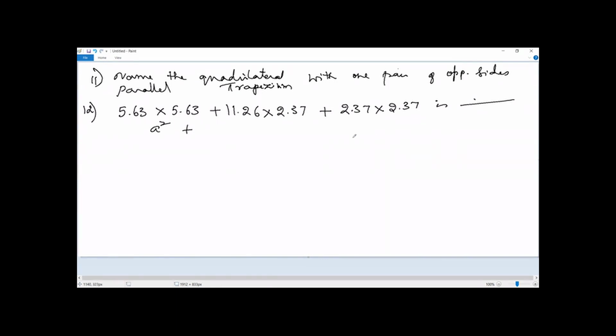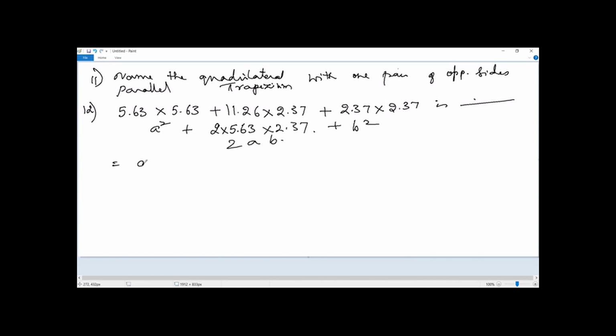So this one is B squared. Where is the 2AB? Ma'am, we have to divide 5.63 as 5 plus 0.63 whole square. No. Don't do that. 11.26 is 2 into 5.63, no? Into 2.37. So this is 2AB. So what is A squared plus 2AB plus B squared?